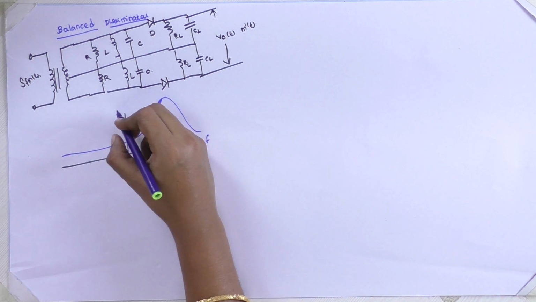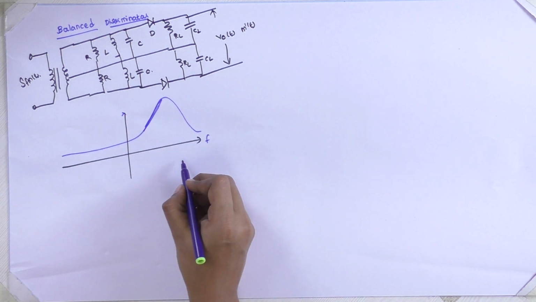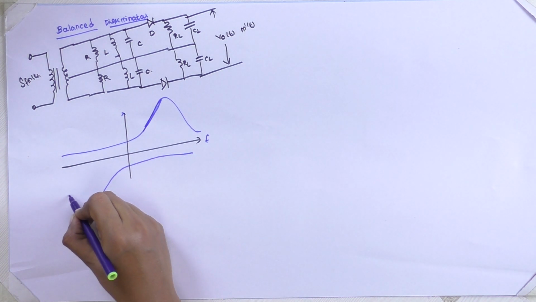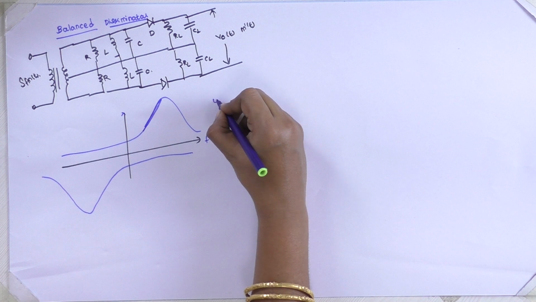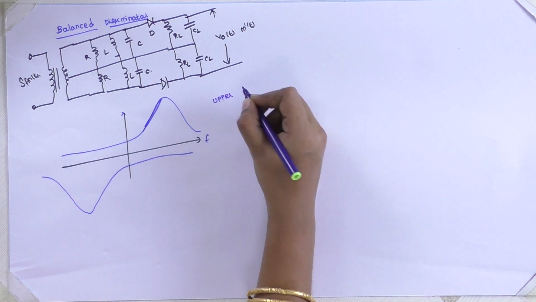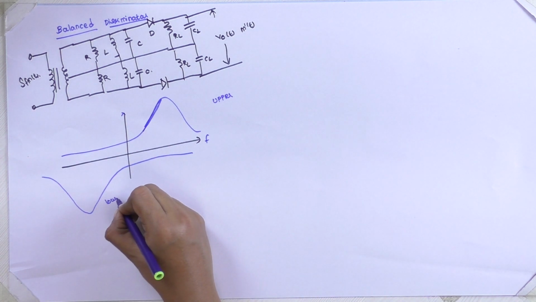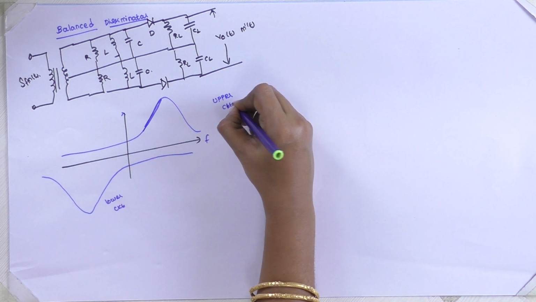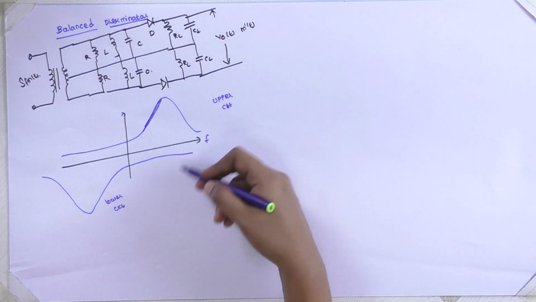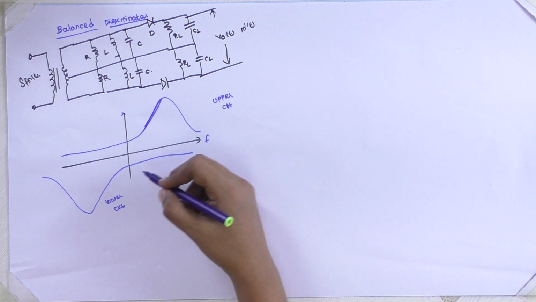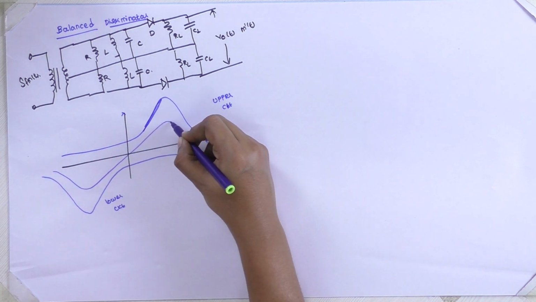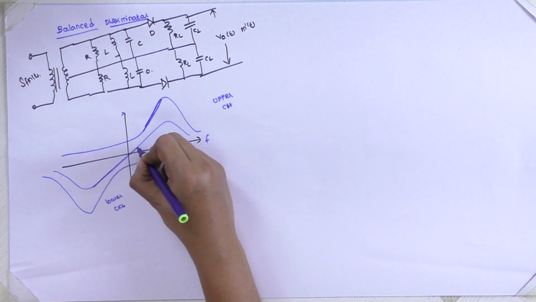This is with respect to F. This is the resonant frequency curve for the upper, and this is for the lower circuit. So with the help of the upper and lower frequency discriminators, this is our resonant frequency curve.